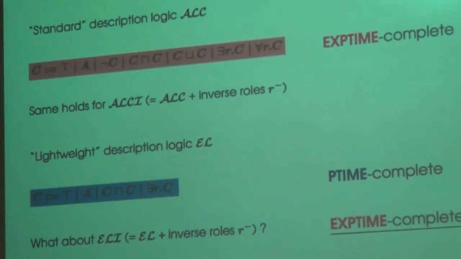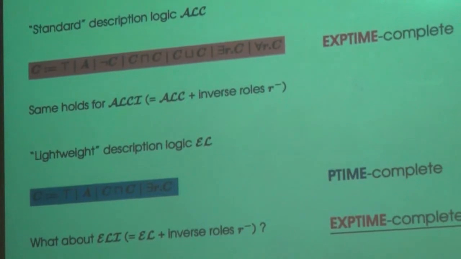The results are not always obvious, and it's important for practitioners to know that when they move from this to that, they have this huge jump in complexity, and what they can expect in terms of computing times, for instance for the hierarchy of classes, is completely different.